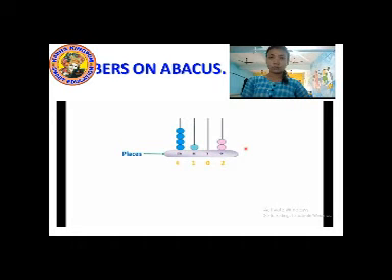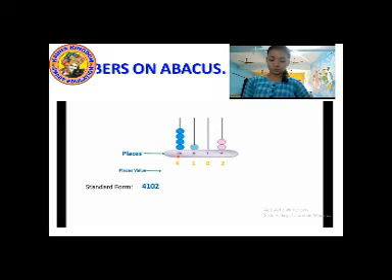So the numeral is 4102. So let's write the standard form of this numeral, that is 4102. Let's find the place values. As we have already studied, the place value of a digit is the digit multiplied by the place where the digit is.